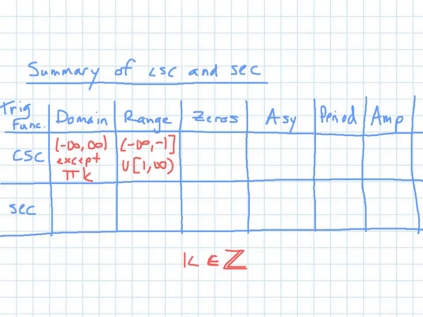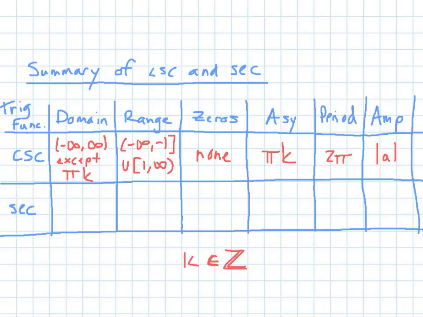We don't have any zeros. It never crosses the x-axis. The asymptotes happen every time that it ruins our domain from being all reals, so it's every pi k. It has the same period as sine, so it's 2 pi, and your amplitude works out the same way. It's absolute value of a.